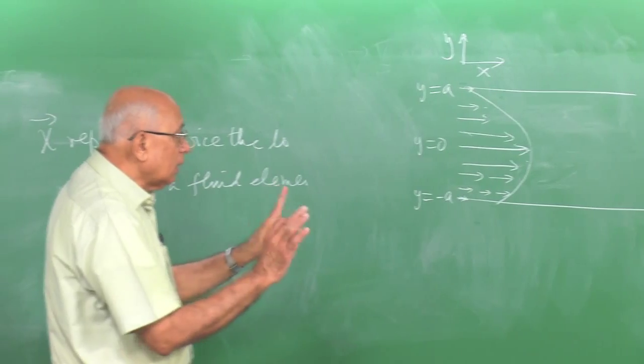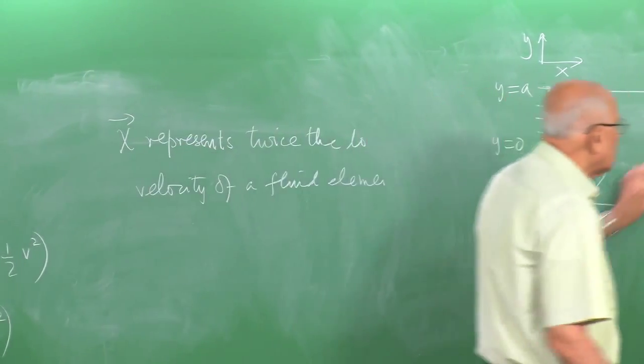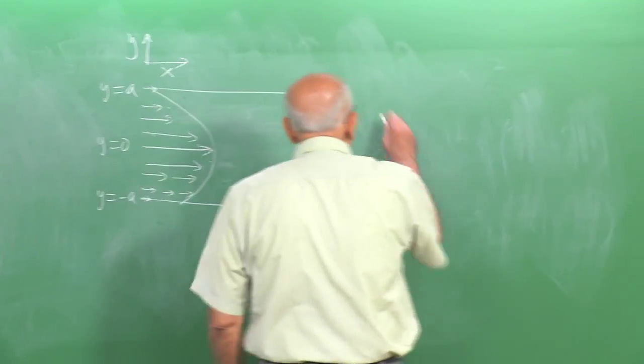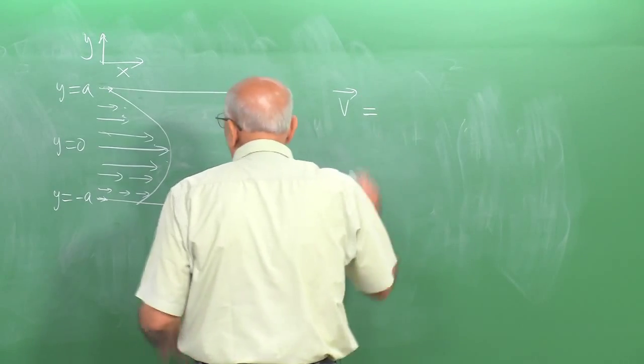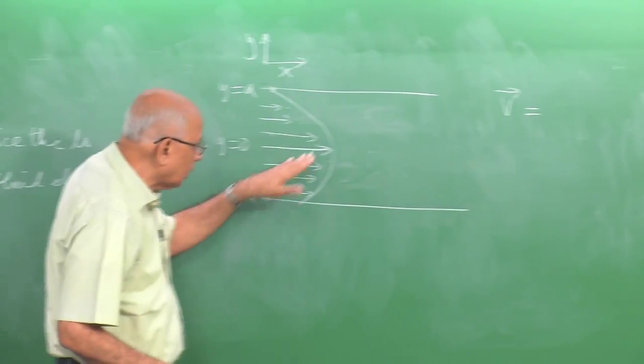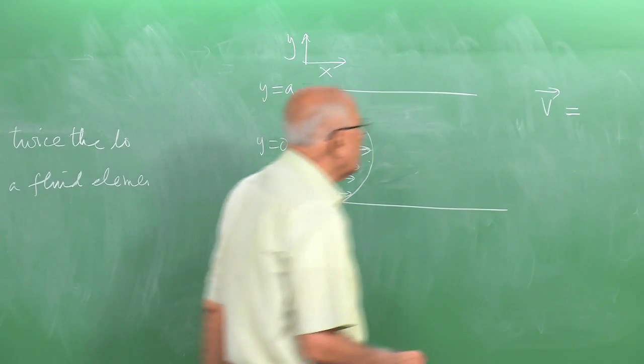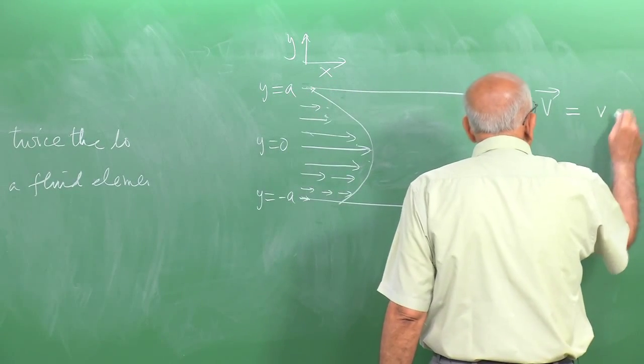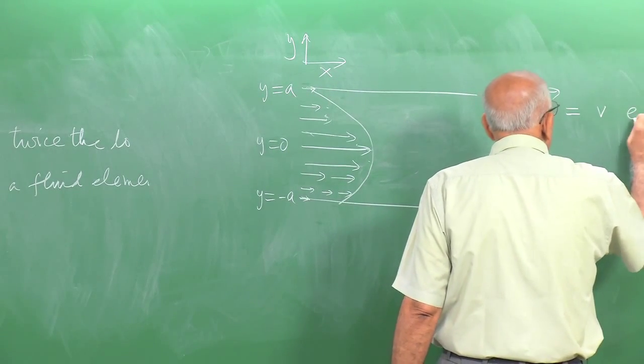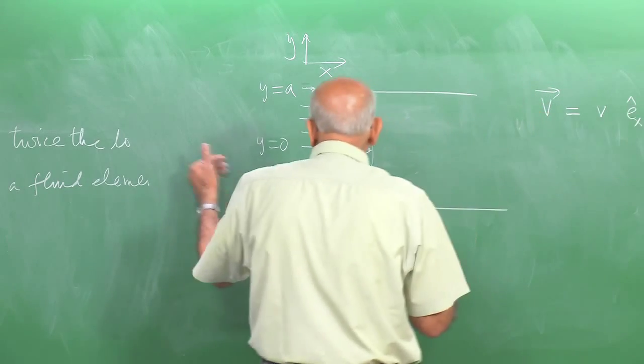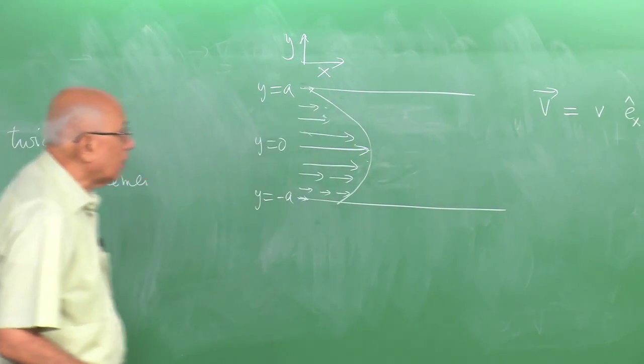Now what does the velocity field look like in this problem? It is immediately clear that v at any point, we are only looking at the surface, we are not worried about the z coordinate at all, is the speed multiplied by Ex, because it is along the x direction at every point.